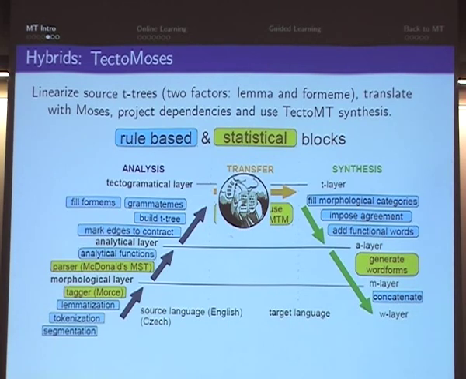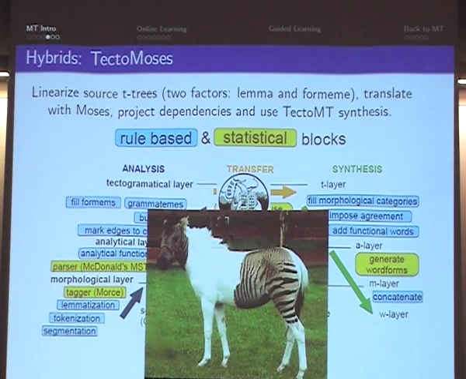So we use this approach. So it's a kind of hybrid. And the final synthesis was the same, the original TectoMT synthesis, and the dependencies were projected there from the source side.